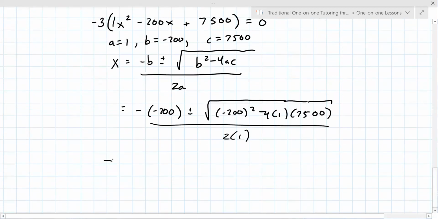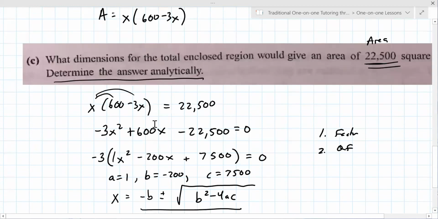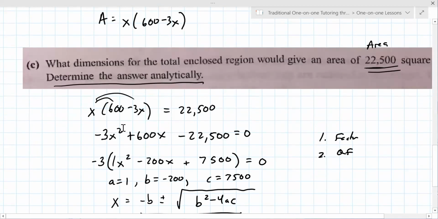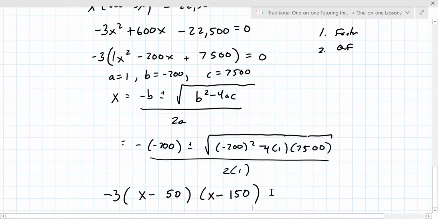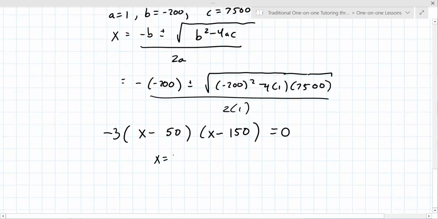So it's -3 times (x minus 50)(x minus 150). Did I get a sign wrong? That doesn't seem right. No, that's the same thing. Okay. So you set these equal to 0, and we have x equals 50 or x equals 150.